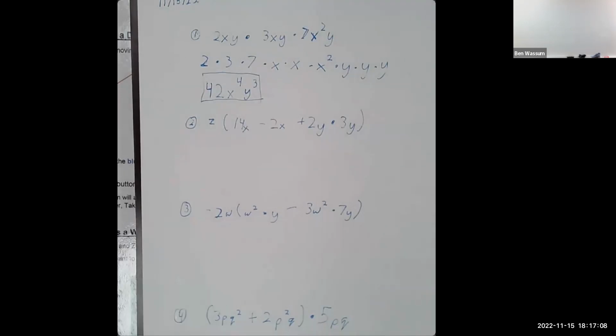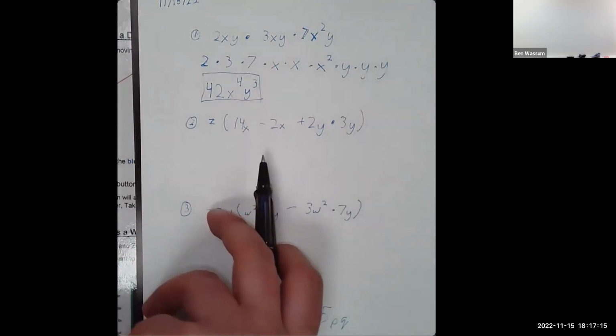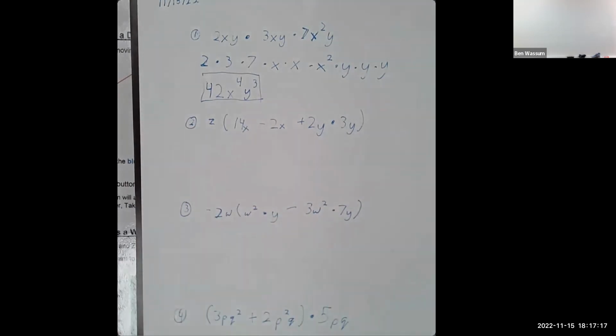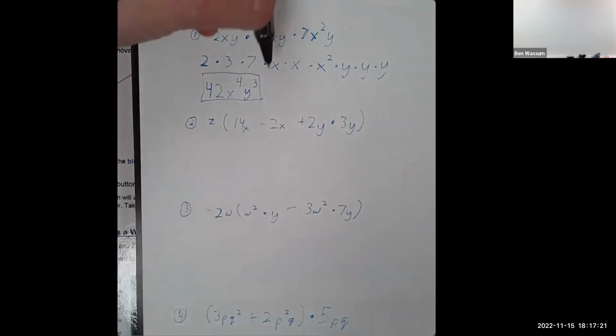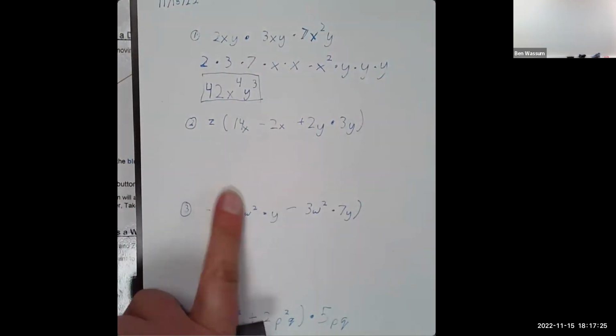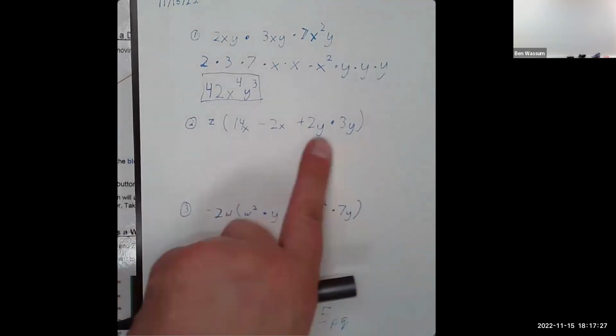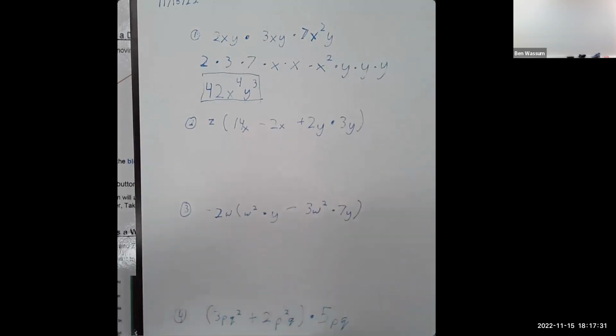Now the next one I have set up to be very quick and very easy. It looks like it might not be, but it is. On a problem like this, your first thought might be, hey, I'm learning about distribution, so I might want to distribute in, right? Not quite. On problems like this, you want to see if you can reduce the inside first to see if that is going to work out nicer for you.